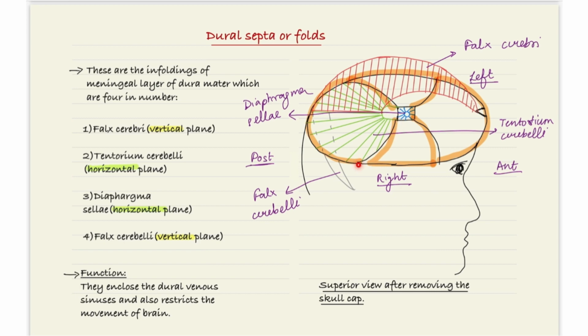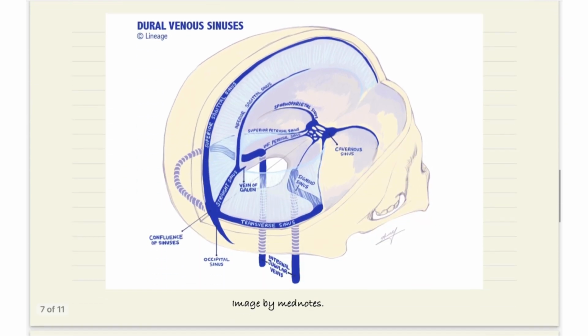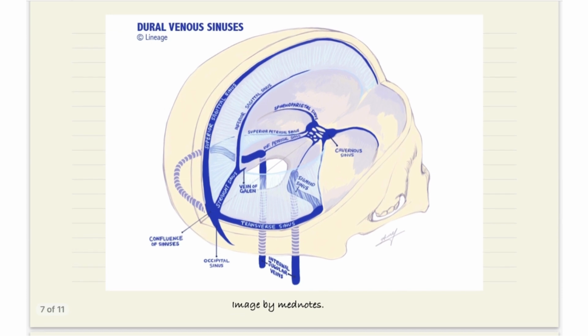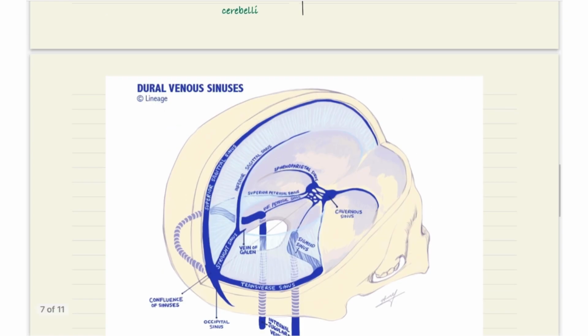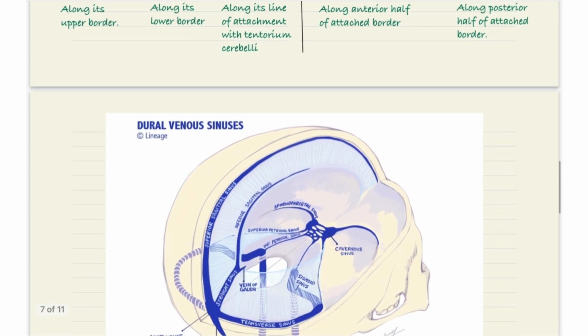The anterior half of attached border is this and the posterior half is this. To see the sinuses, this is the anterior half of the attached border. So here lies the superior petrosal sinus. And this is the posterior half of the attached border. So here lies the transverse sinus. So this is all about falx cerebri and the tentorium cerebelli.